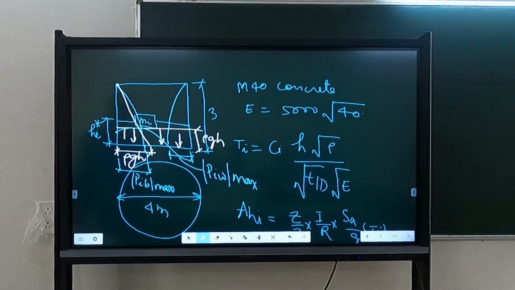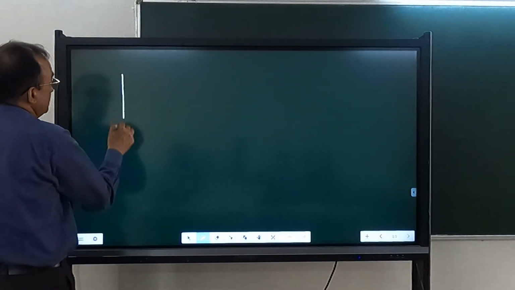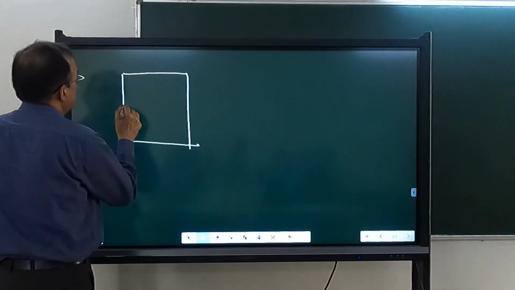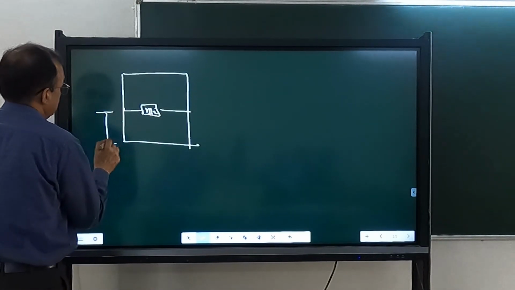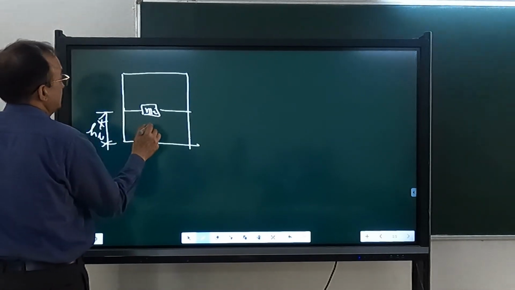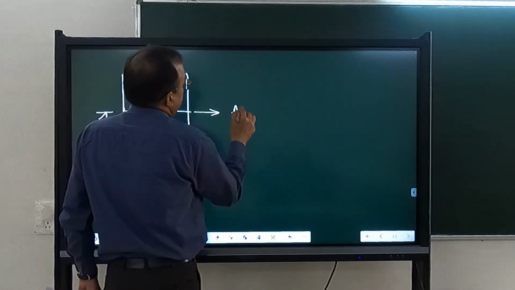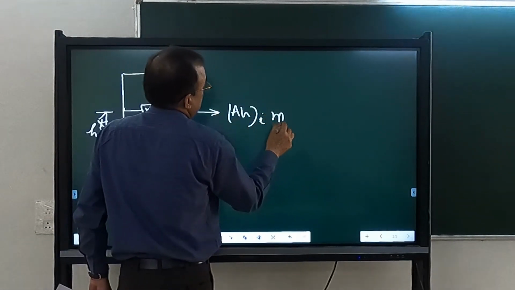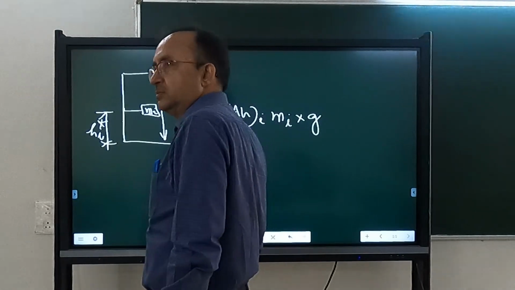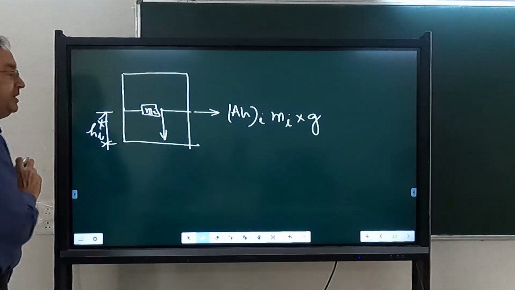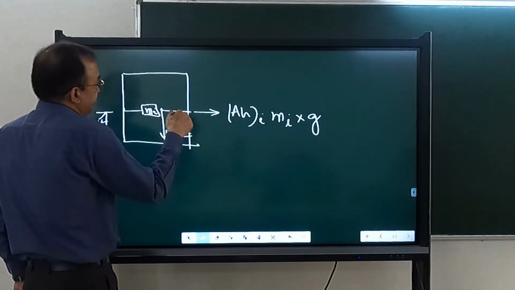Okay. Now at the bottom of the base slab, so the horizontal pressure which is acting here, this is equal to AHI into G. That will be your horizontal pressure. It will be acting at a height of HI star, and the vertical force will be equal to the weight of water.